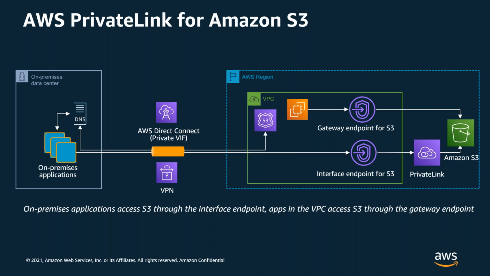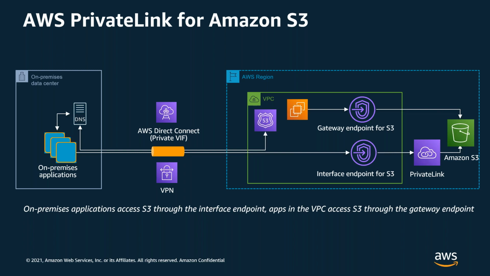Now, we took that a little bit further recently by introducing what we call PrivateLink for Amazon S3. So prior to PrivateLink, the only endpoint available for S3 was the gateway endpoint that I just talked about. And that was really meant for AWS services residing in a private subnet being able to access S3 without having to be open to the public, to the internet, so to speak, right?